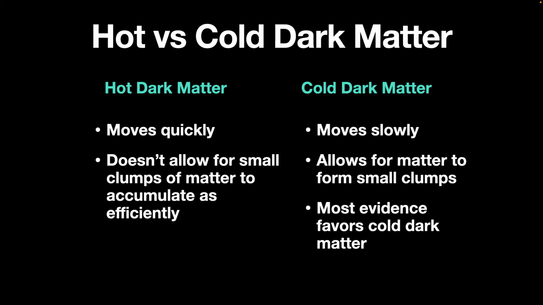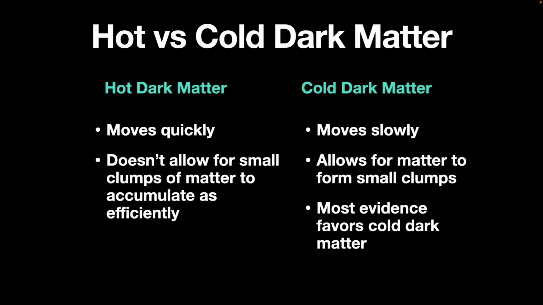Because matter and dark matter, they will interact only gravitationally. So if we have dark matter moving slowly, it kind of allows gravity to work on the regular matter and we get clumps of regular matter that eventually form stars, that eventually form galaxies.